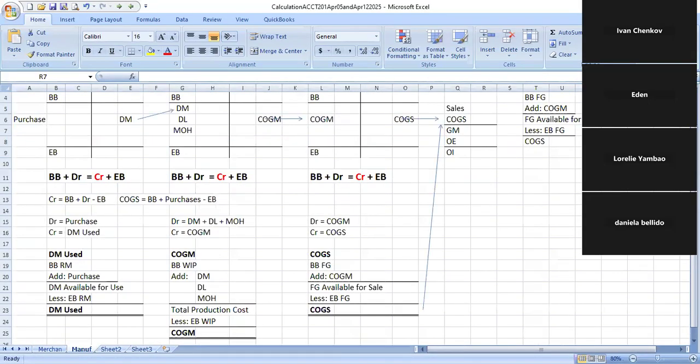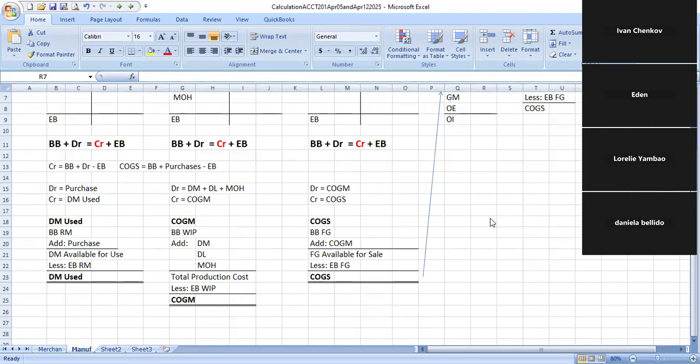So what do you have to do for the cost of goods manufactured? Beginning balance, and then you add direct materials, direct labor. So we need the direct material, direct labor, manufacturing overhead. Technically, let me share my screen again.